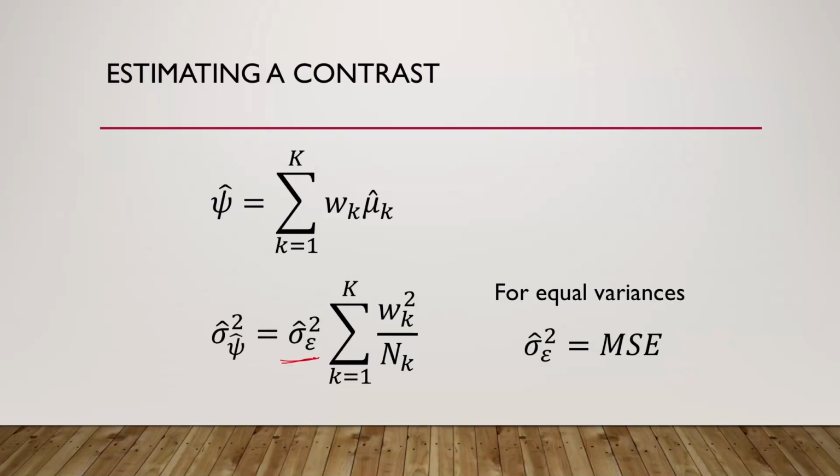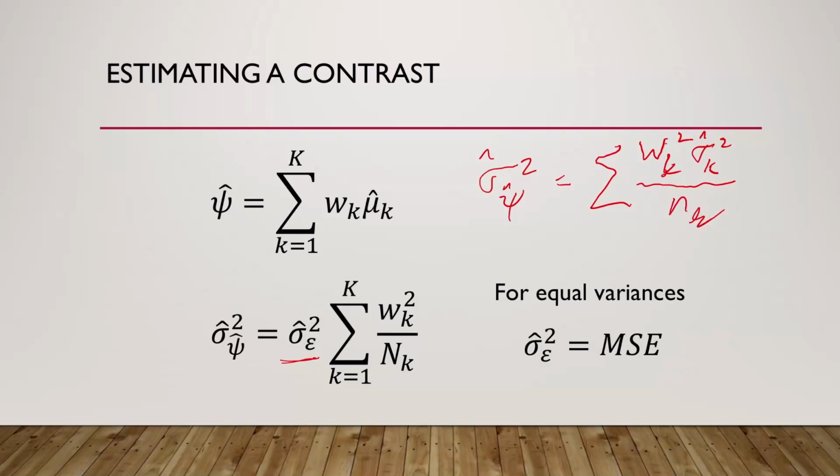We have to bring it now inside the sum, so that what you would end up with is a sum in which, instead of having that squared sigma outside the sum sign, we'd have it inside, so that we would have a w squared k, and then we'd have a sigma squared k, and then we would have the nk for the group.